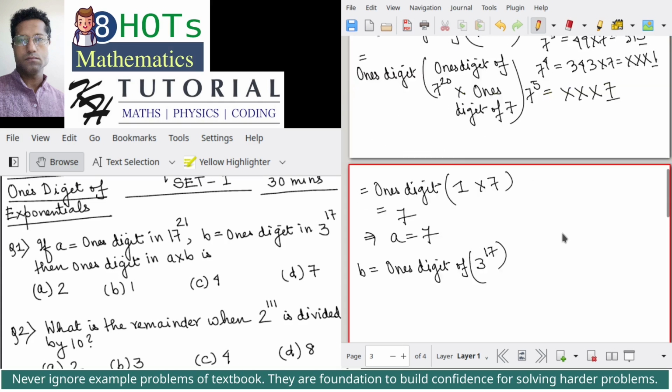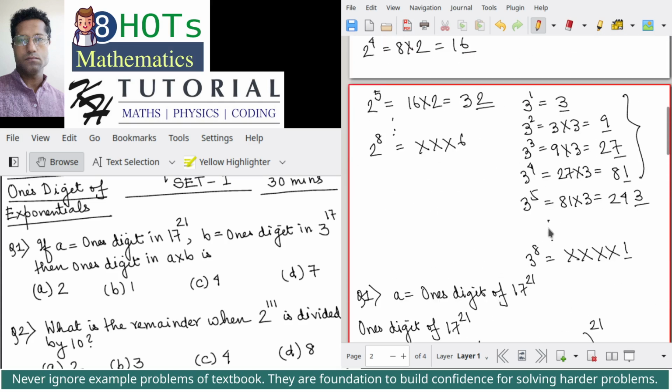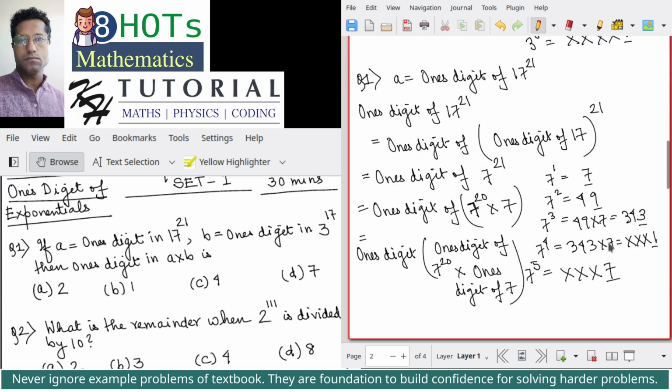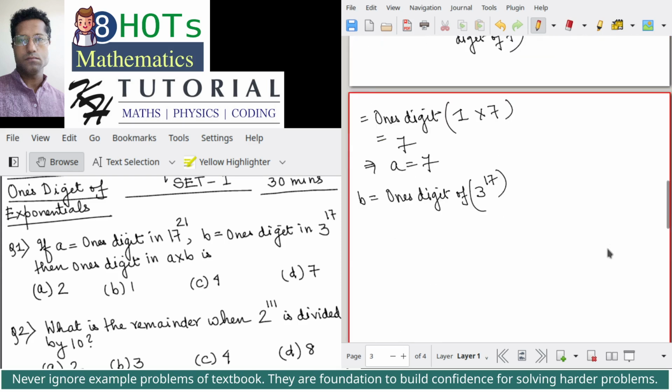Now we know the pattern of 3, that after every fourth power the ones digit of the power of 3 is 1. Okay.